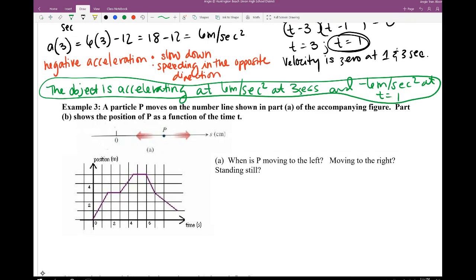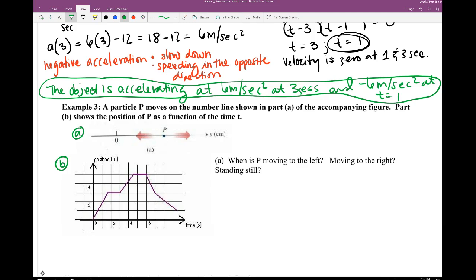Since I didn't label A and B, here is your part A, and here is your part B. Part A is the particle moving on the number line, so that's why we have a number line, moving back and forth, back and forth. And part B shows the position of P as a function of time t, showing how high it is as time goes on.